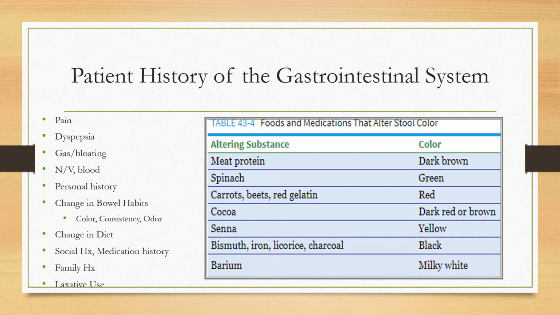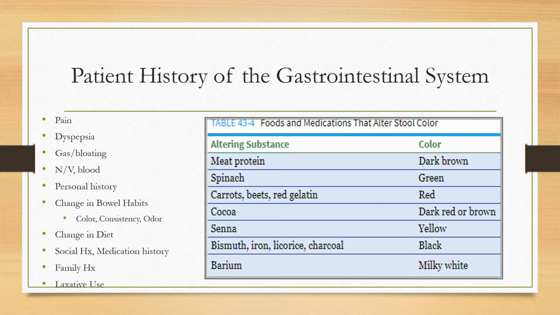Bloating can sometimes be an indication of a bowel obstruction if they're really bloated, but most of the time it's just an upset stomach or dyspepsia. Are they vomiting? And if they are vomiting, how much? How frequently? Are you vomiting once a day or 20 times a day? Okay. Blood. Have you noticed any blood in your stools, or have you vomited any blood?